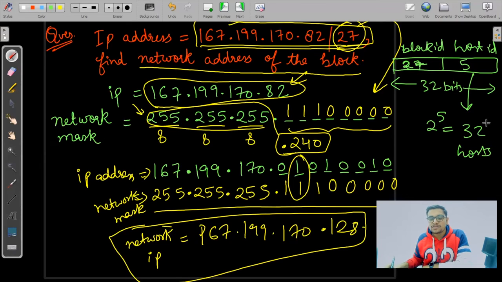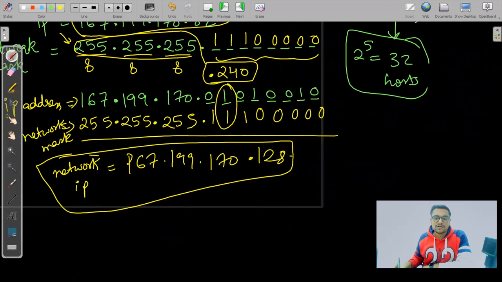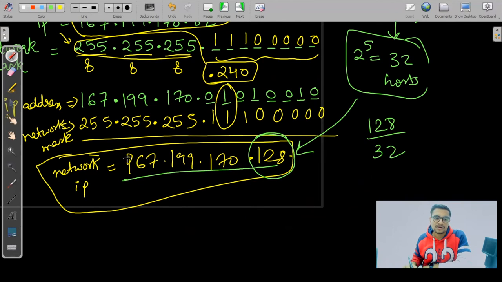And what is the starting IP for the whole network? The starting IP for the whole network is this one, which is what we calculated over here as well. So it says that the start IP, which is the network IP 128, should be divisible by 32. Actually it should be the whole number, expanding this number and this number and all of them, and converting all of it into binary, and similarly here we have converted it into binary.